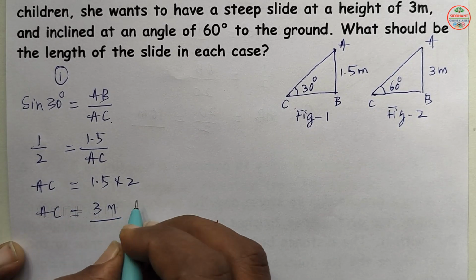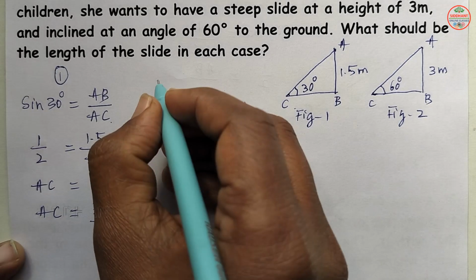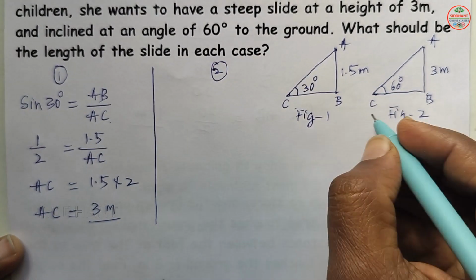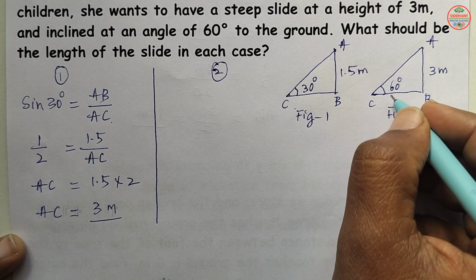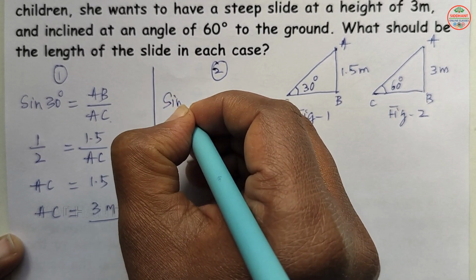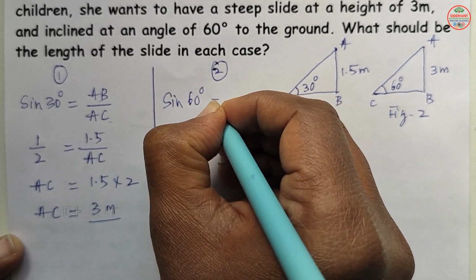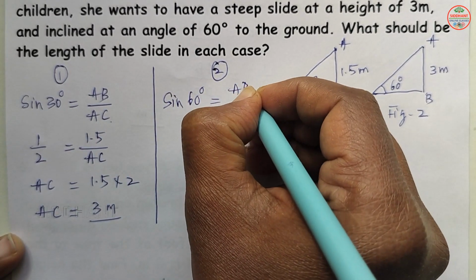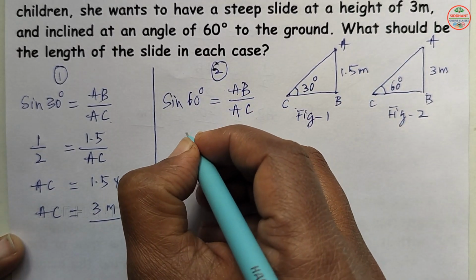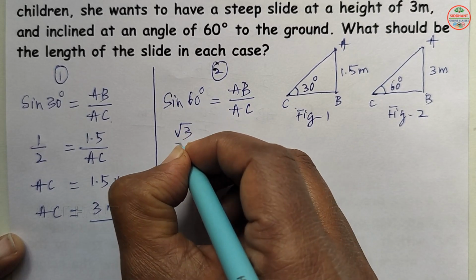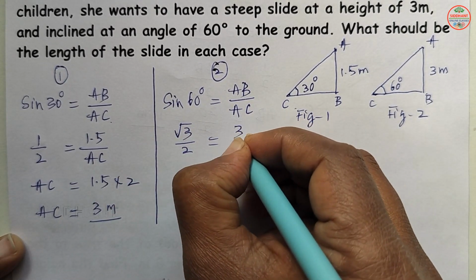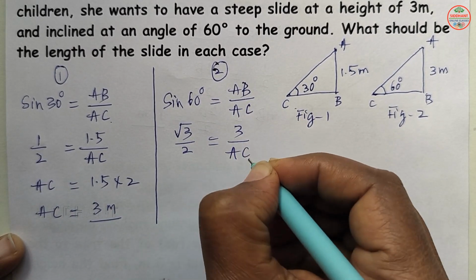That means the length of the slide. So in the second figure, we are going to find AC. That means sine 60, which will be AB by AC. So sine 60, which is root 3 by 2, and AB, which is given 3, and AC we are going to find out.